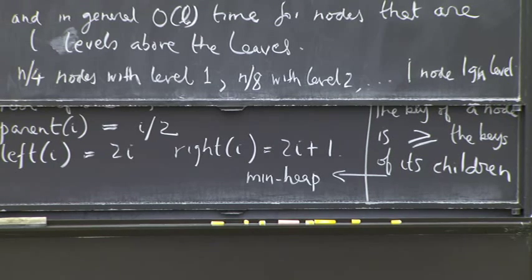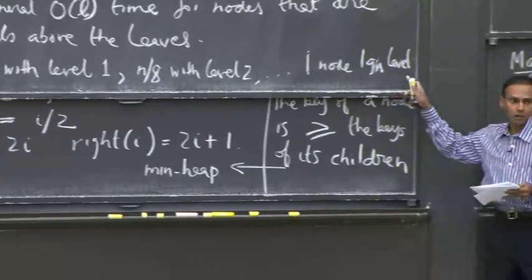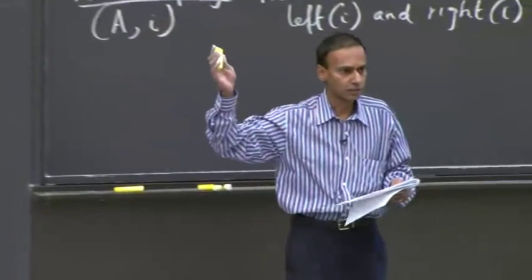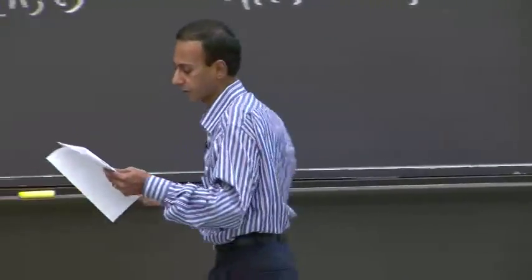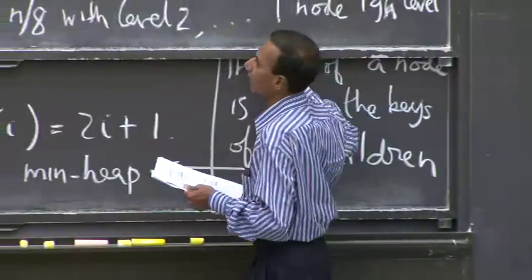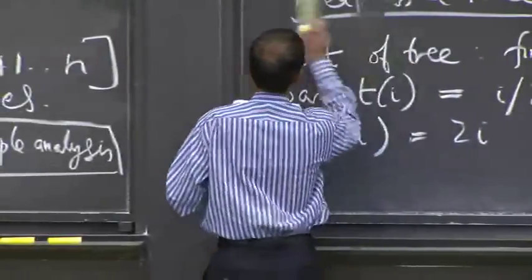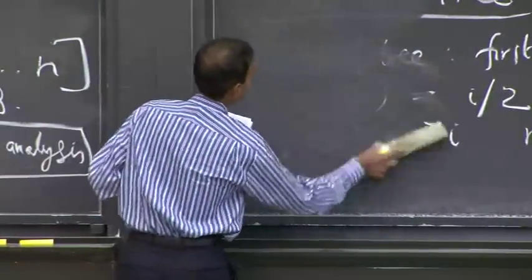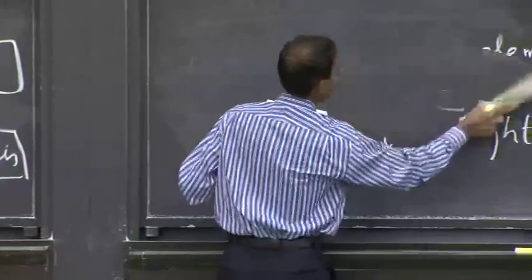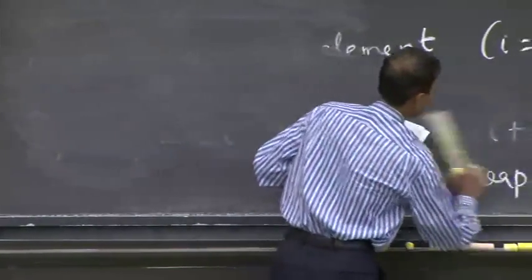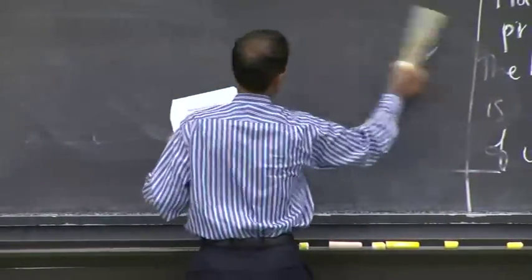So there's this decrease in the number of nodes as the work that you're doing increases. And that's the careful accounting that we have to do. All I have to do now to prove to you that this is an order n algorithm is to write a little summation that sums up all of the work across these different levels.